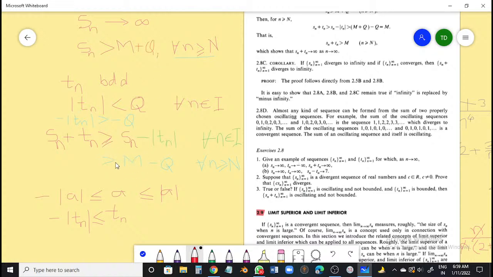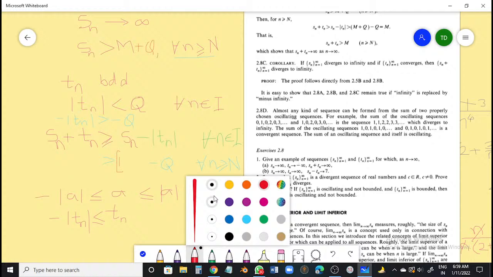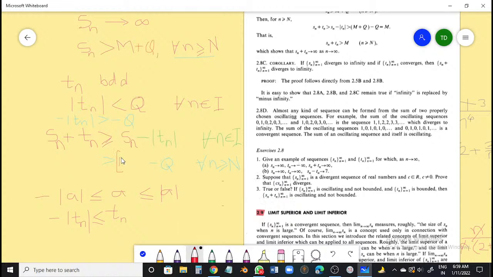So in this place, instead I can say this value is already greater than m plus Q, and we have attached minus Q here. So ultimately where are we reaching? m plus Q minus Q, so we reach m.